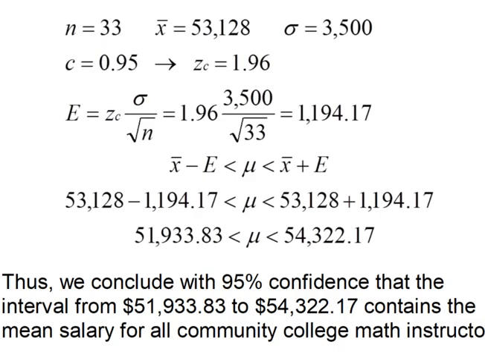I'm just going to double check real quick. There it is. N is equal to 33. So those are the 33 instructors that they interviewed. Your sample mean from those 33 was $53,128. The population standard deviation was $3,500.